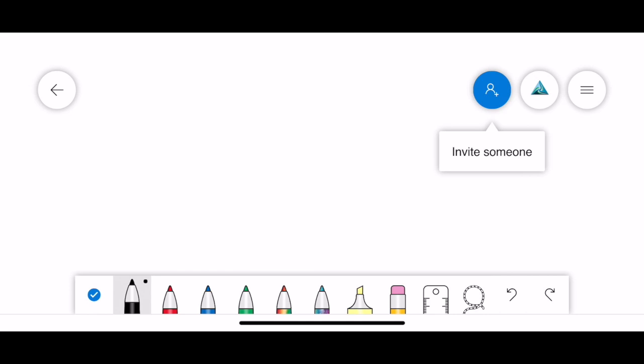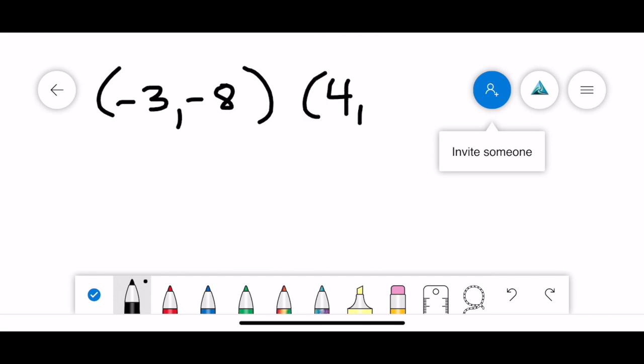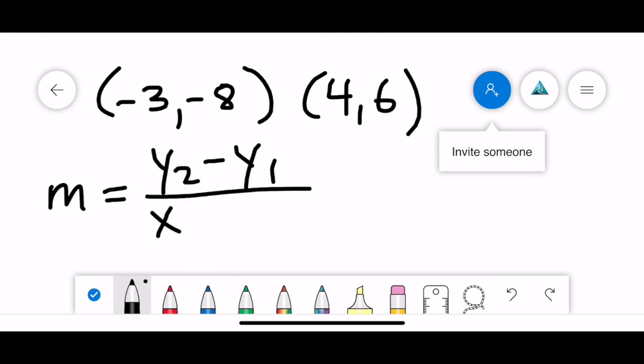So the 2 points that were given to us by the question had coordinates (-3, -8) and (4, 6). The formula that we will use to find the slope if you're given 2 points on the line is m equals y2 minus y1 over x2 minus x1.